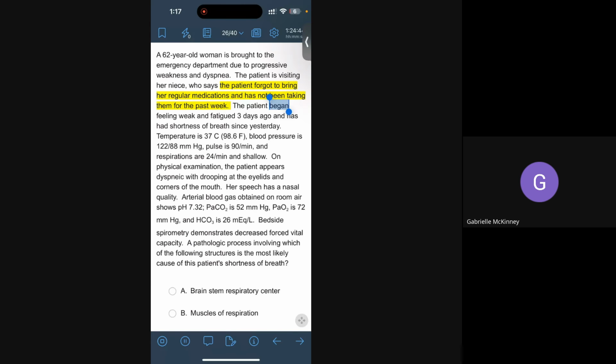Blood pressure is normal, respirations are 24 per minute and shallow. Drooping of the eyelids and the corner of the mouth. Speech has a nasal quality. On room air pH 7.32, carbon dioxide elevated, oxygen decreased. Forced vital capacity decreased.